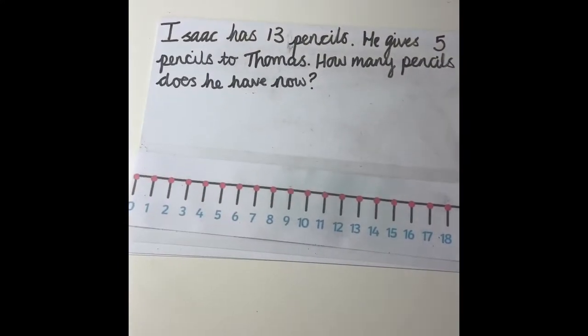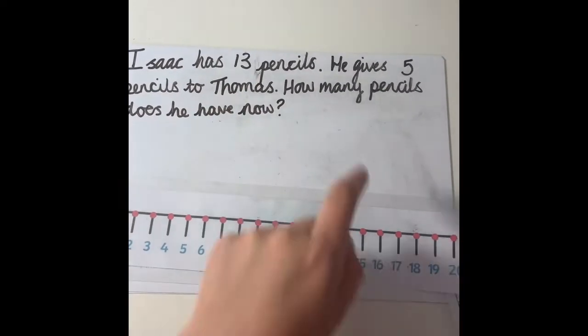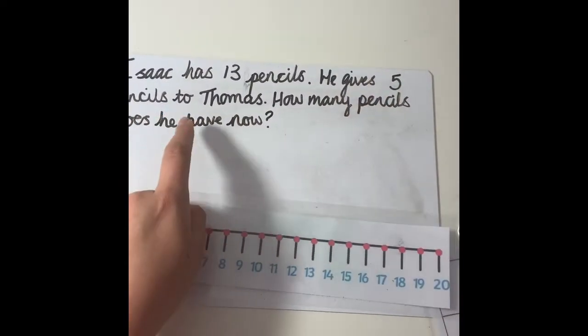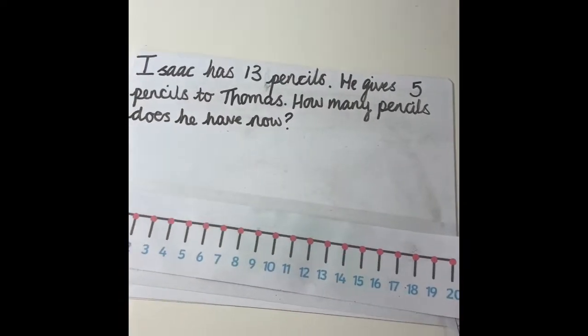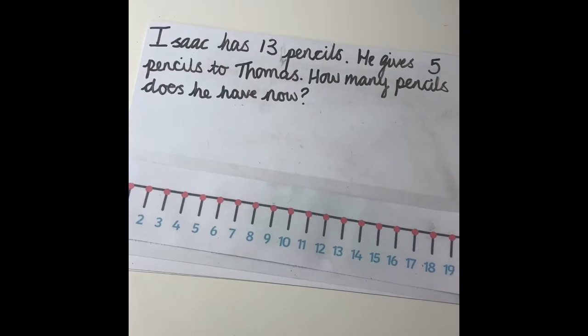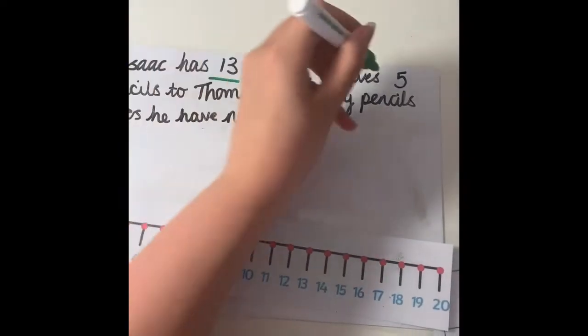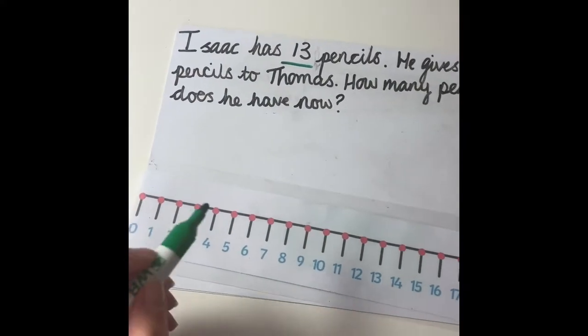Here is my next question. Isaac has 13 pencils. He gives 5 pencils to Thomas. How many pencils does he have now? Okay, rule 1, underline the numbers in the question. Rule 2, figure out what kind of question it is.